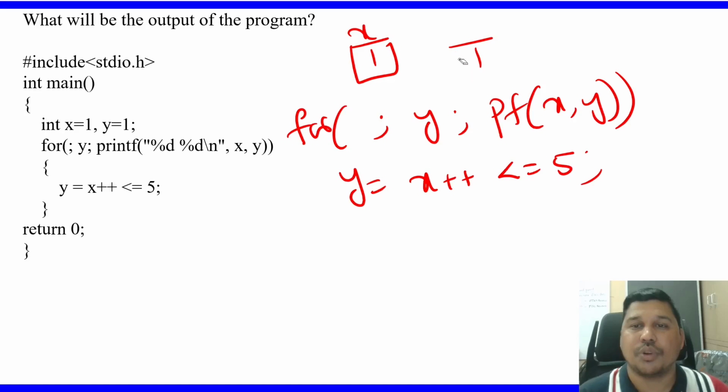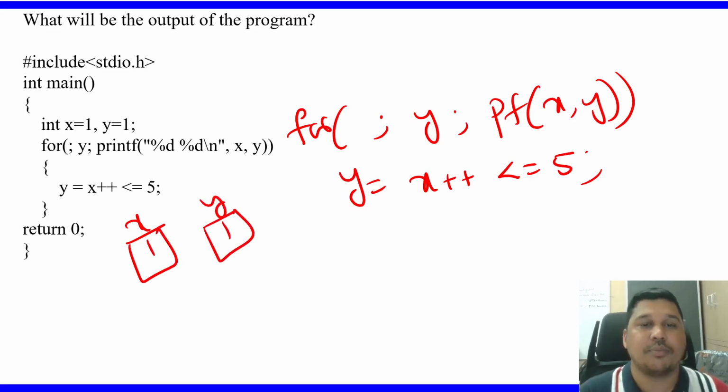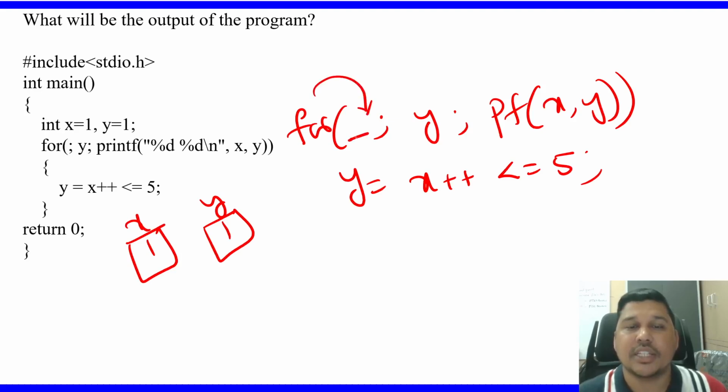For easy access I'll write here, x value is 1, y value is 1. There is nothing to be done at initialization, so it goes to the condition. The condition is y, which is 1, a non-zero value, therefore it is true, and it will enter the body. What is there in the body? y equal to x plus plus less than or equal to 5.